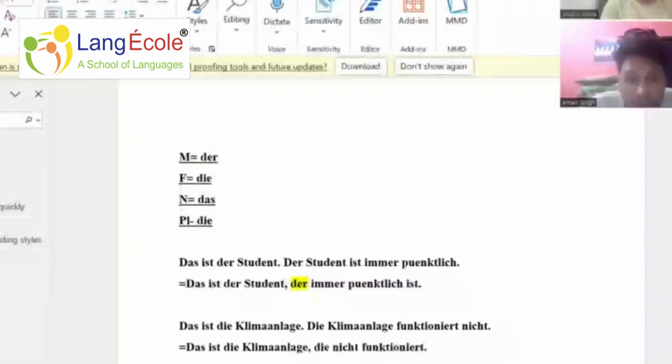Nächste Seite Nummer 115, 14. Bitte lesen Sie vor, this paragraph that we have. Anfangen Sie bitte mit diesem.